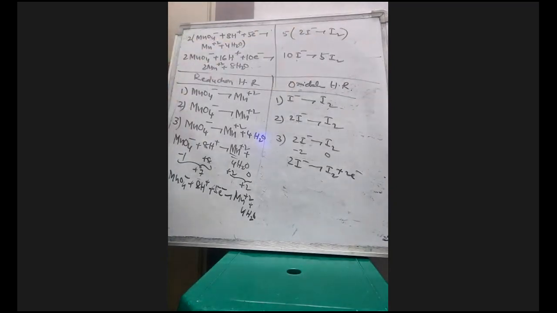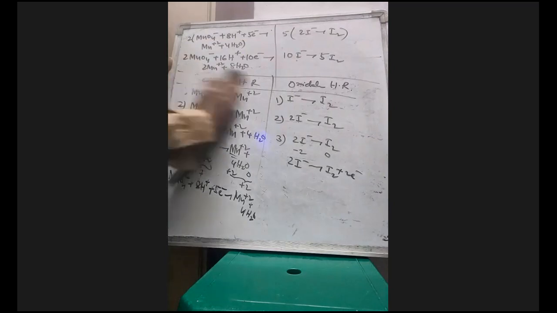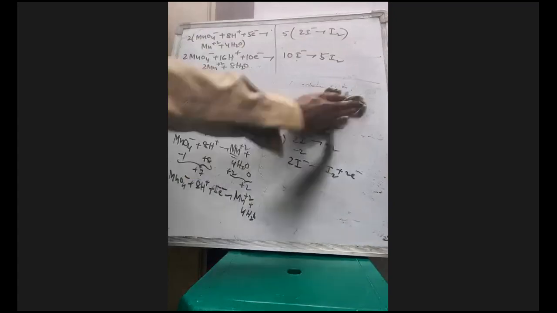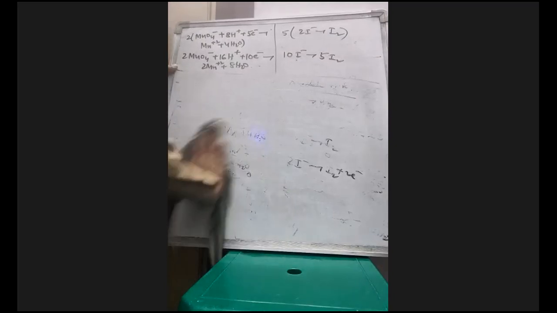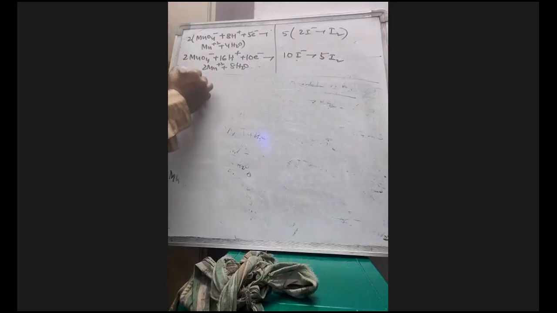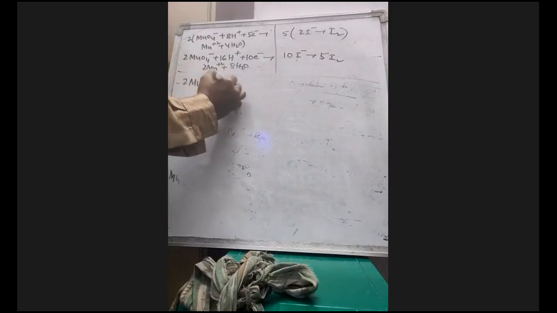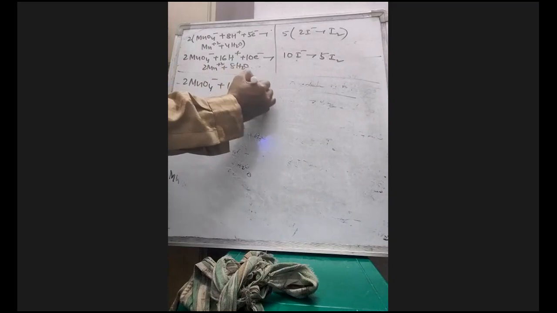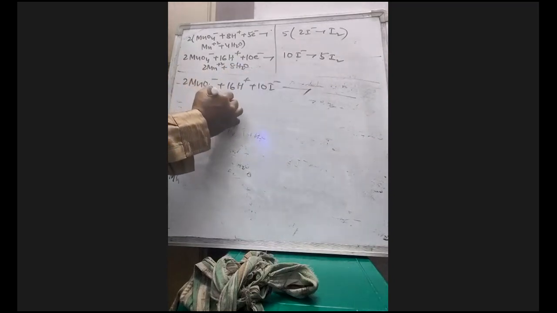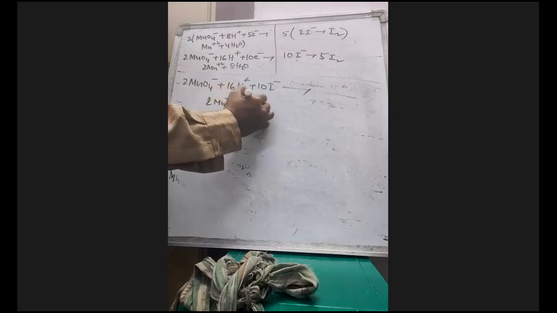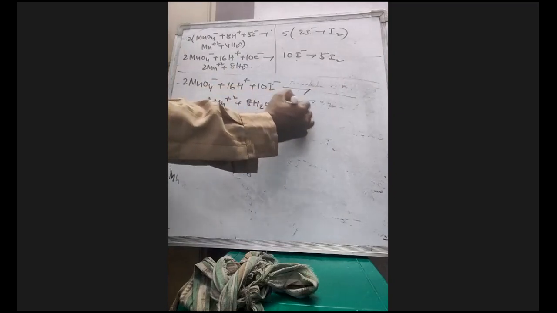Now both the half reactions are balanced, so combine both the half reactions. If we combine them, what will happen? 2MnO4 minus plus 16H plus plus 10I minus gives 2Mn plus 2 plus 8H2O plus 5I2.